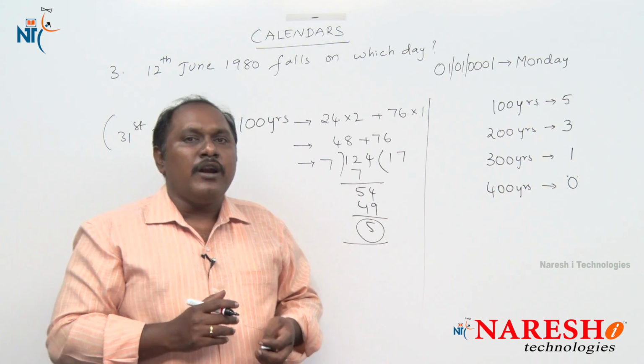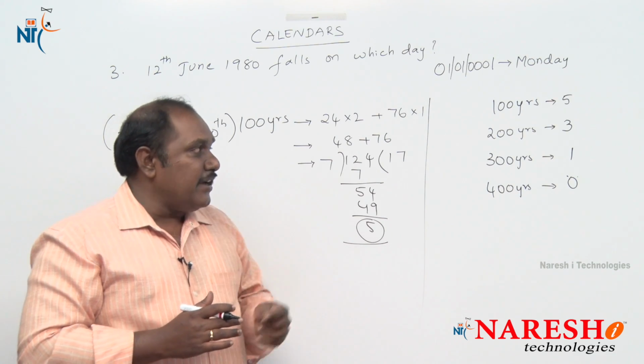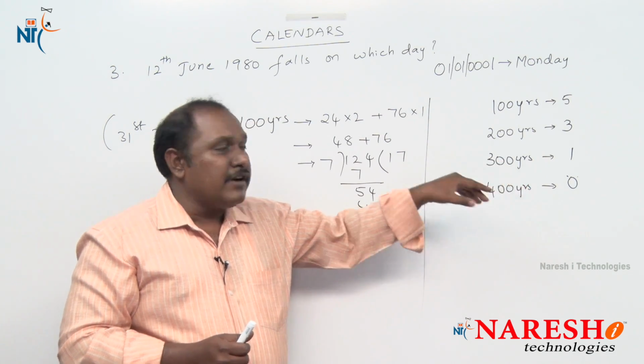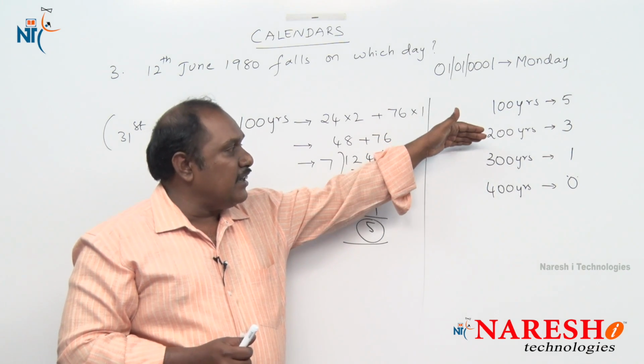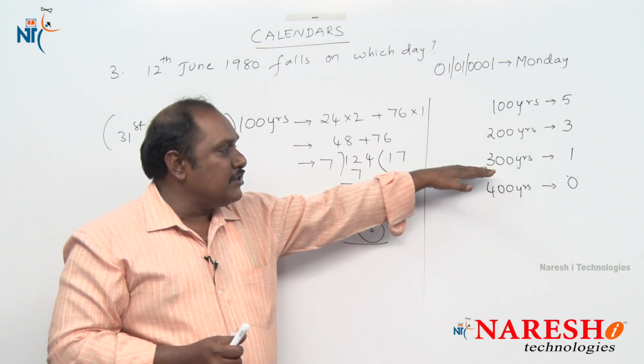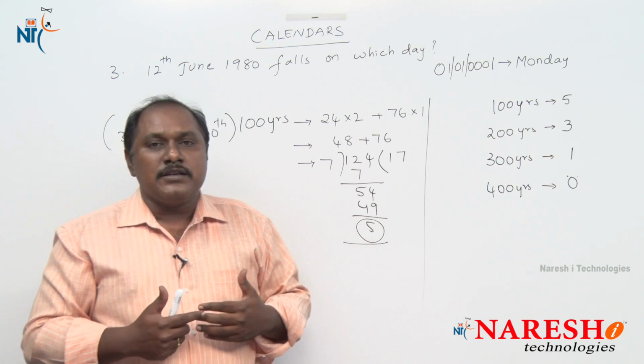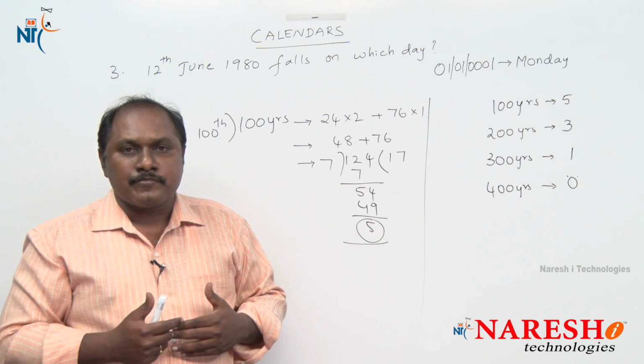Now there is one important question that can be asked in competitive exams. When I say 400 years have 0 odd days, definitely 500 years should have 5, 600 years should have 3, 700 years should have 1, 800 years should have 0. That is, after every 400 years odd days become 0.